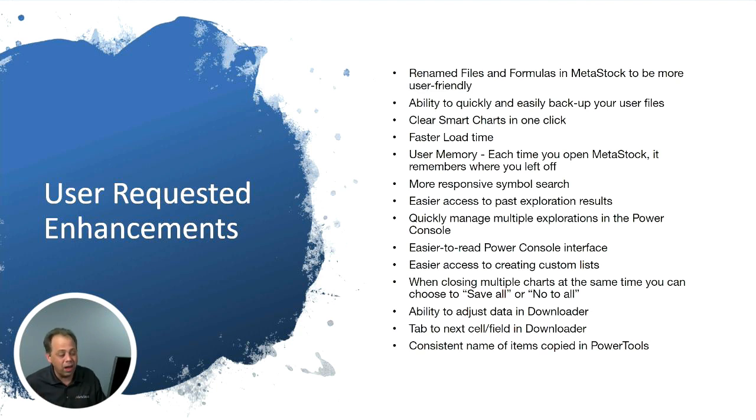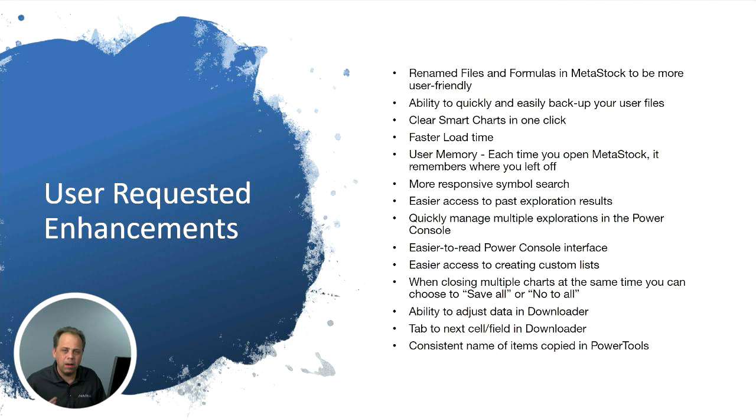Another thing that you're going to love is if you had MetaStock 16 and you had about 50 charts open and you made changes to all of them, when you went to close them, it would say, do you want to save this one? And you'd be like, yes or no, right? No. Do you want to save this one? And there wasn't a yes to all or a no to all button. That's been added. Okay.